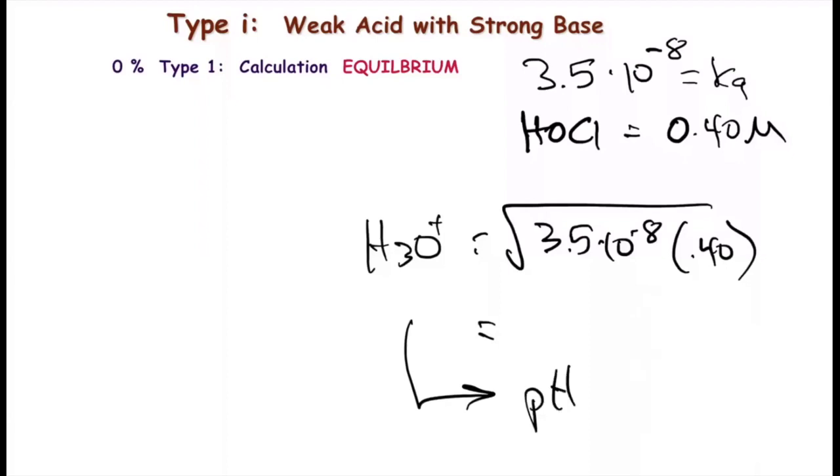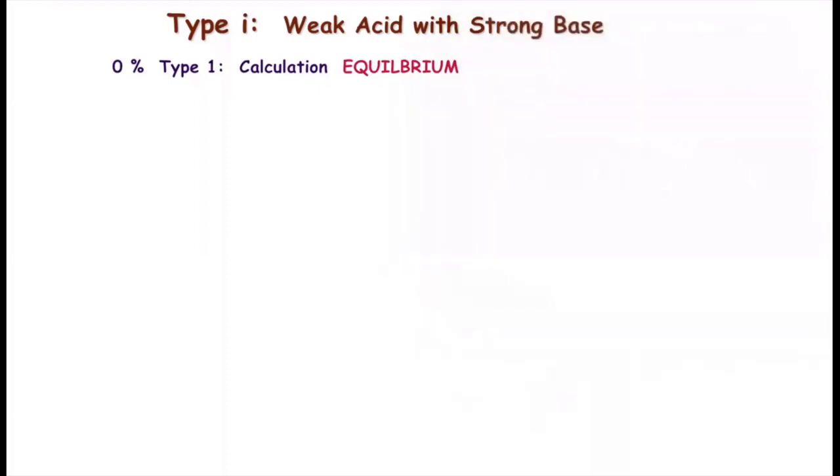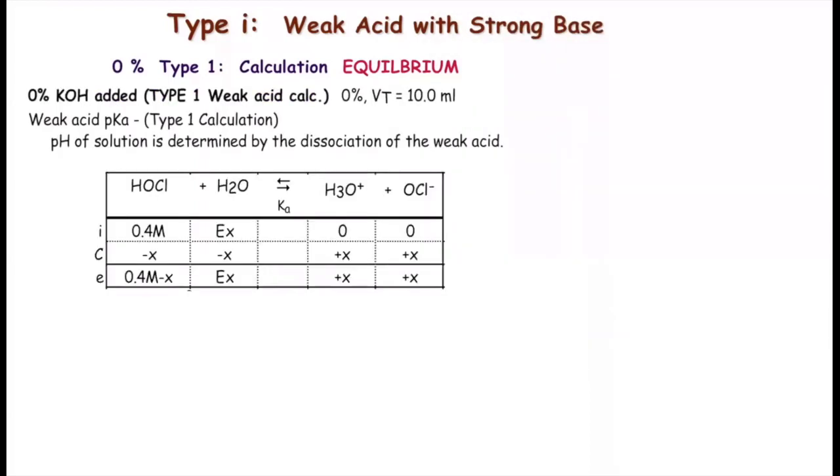So see what I did for this particular problem. But that basically is it. Here, I'm always going to show you the basic chemistry, the ice table. You got 0.4 here. You're not neutralizing it at all. So it's going to dissociate in water. It's forming hydronium, so you know it's a Ka.